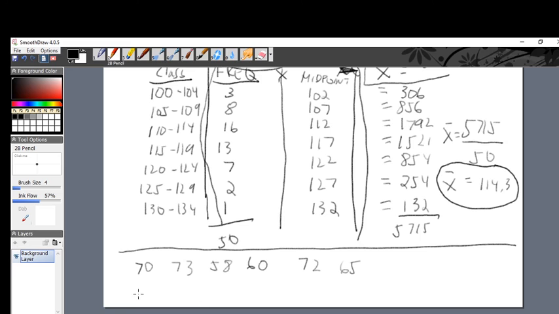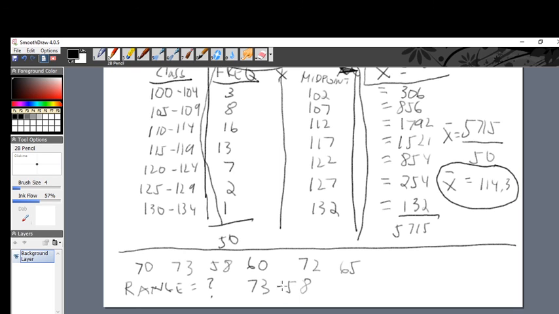You're asked the question, what is the range of this data? This is going to be a simple question. Don't forget how to do this. Take the highest number that you see here. You don't have to arrange it in ascending order; you can just scan it and look for the highest number, and you can see that it's 73. Then scan it and look for the lowest number, and it's 58. And guess what you do?